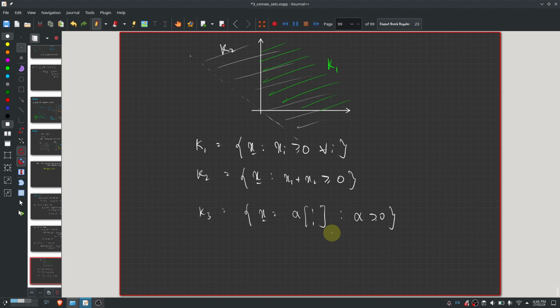This is basically the 45-degree ray. For each of these, let us try to compute the dual cone. So clearly I have K2 contains K1 and K1 contains K3.